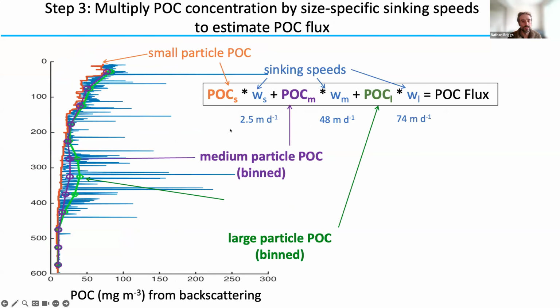We assume the small particles sink at 2.5 meters per day, the largest at 74 meters per day. When you multiply the POC concentration in the different size classes by their sinking speeds, you get the downward flux, and then you add up all the different size classes and their own fluxes, and you get the total POC flux estimate from this method.